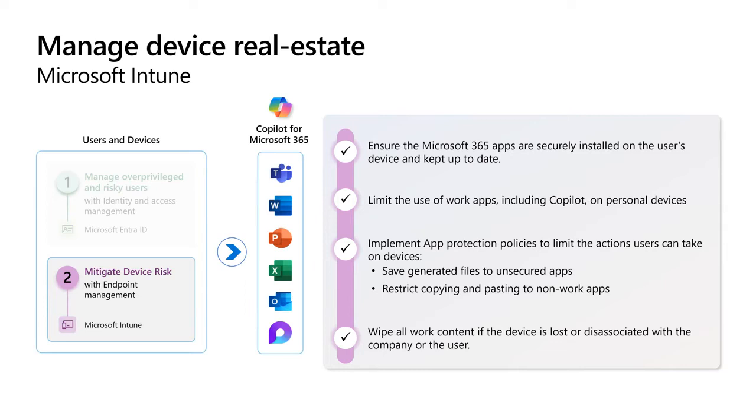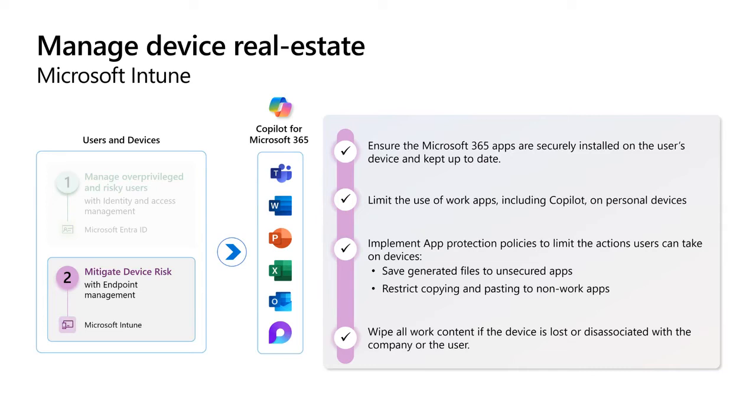And of course, containing and controlling your company data, right? We talked about, as you know, Copilot for Microsoft 365, right? There's a lot of data that it's looking at. There's a lot of data that it's processing, right? So you want to really make sure that your data is controlled, right?